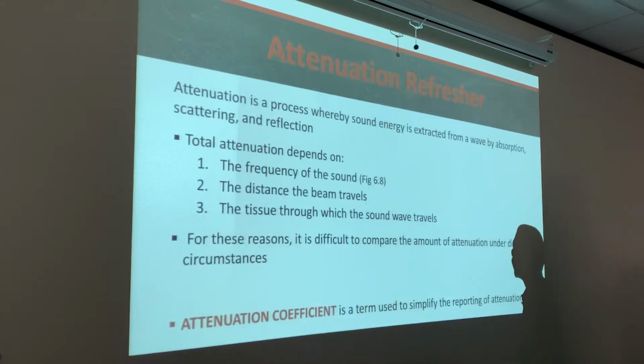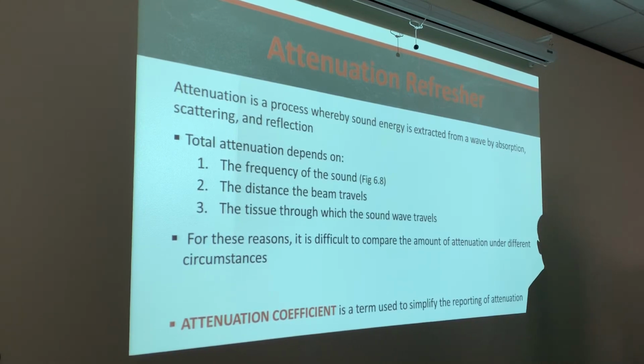So, let's do our little attenuation refresher. Attenuation is the process whereby sound is extracted from the wave by absorption, scattering, and reflection. Those are our 3 components. Total attenuation depends on the frequency of sound, the distance that the beam travels, and the tissue through which the sound travels.